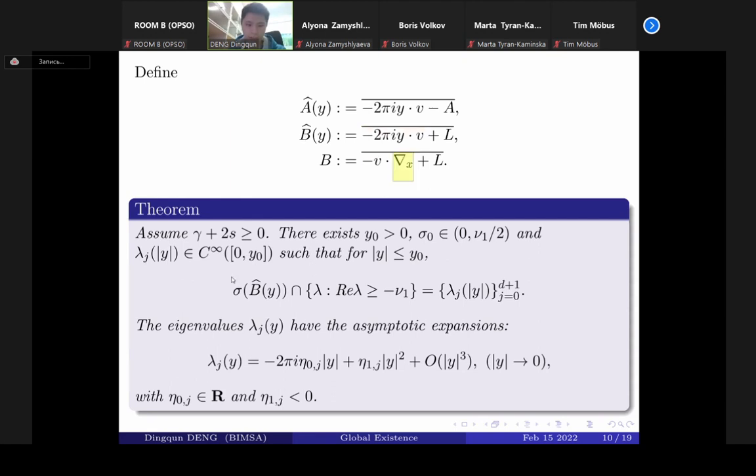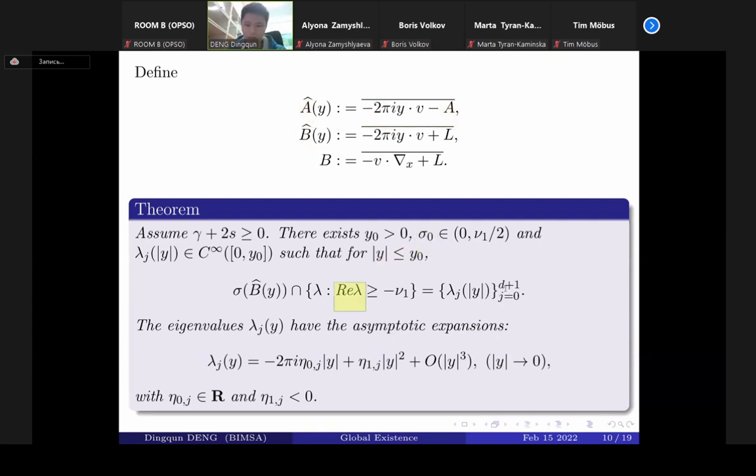We can prove that for any y0 large and any y sufficiently small, there is some sigma such that on the right-hand side of negative nu1, which is some constant, there will be only some eigenvalues, which is called the point spectrum.